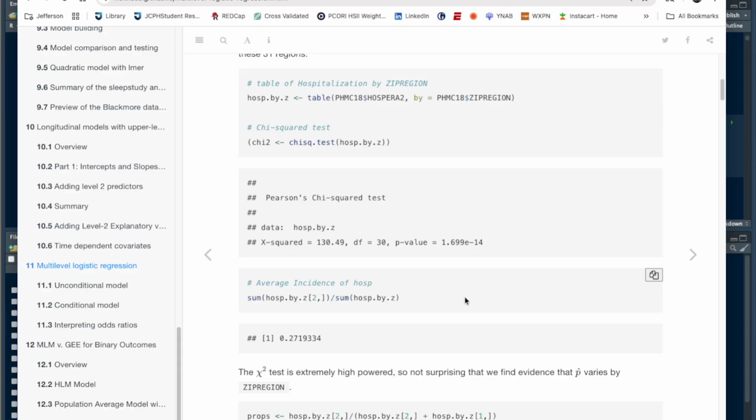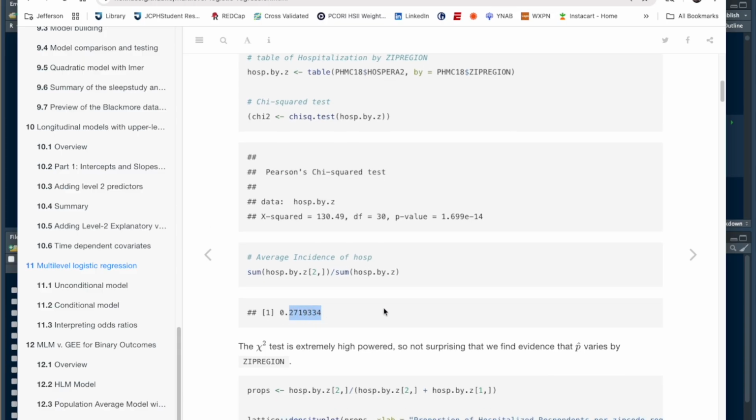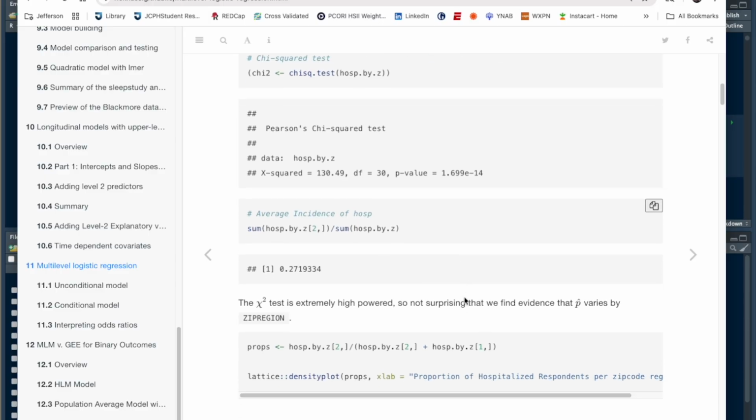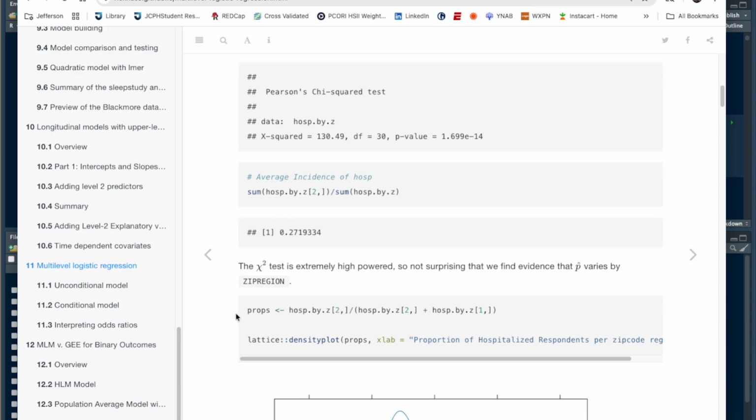First, overall, if we ignore where people live, 27.19% of the respondents of the survey said that they had been to the emergency department at least once in the past year.